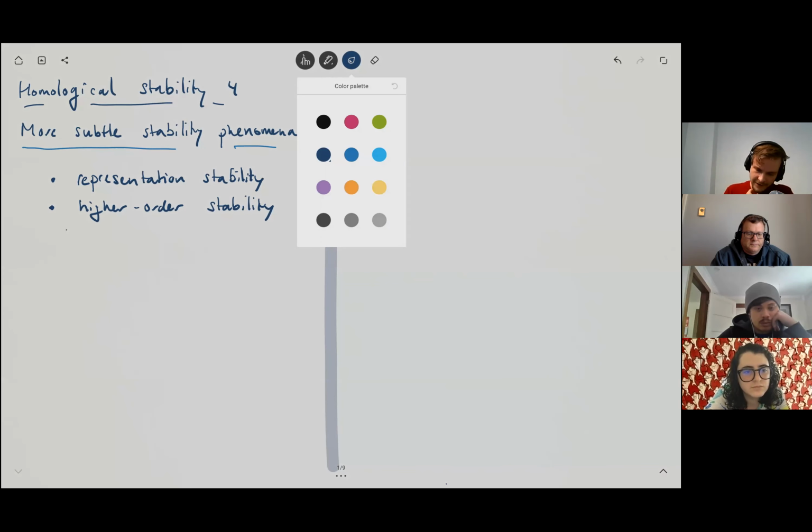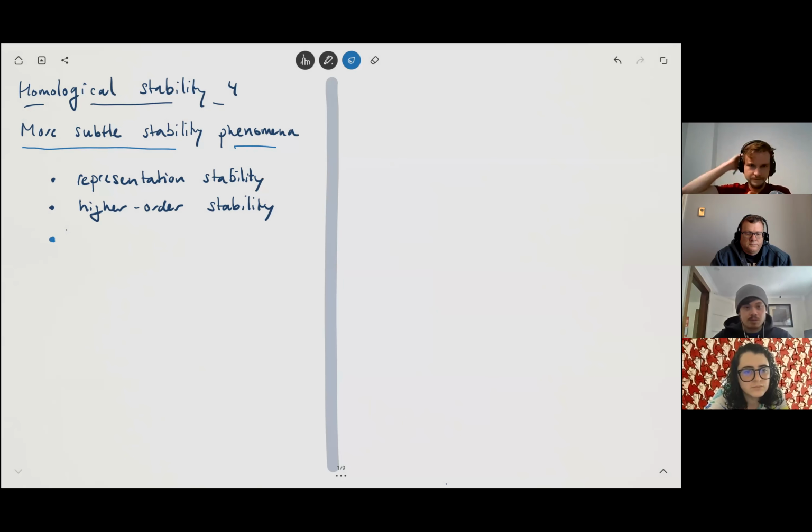There are a few other topics that might be of interest, which I won't talk about today. One is about stability near the top dimension.